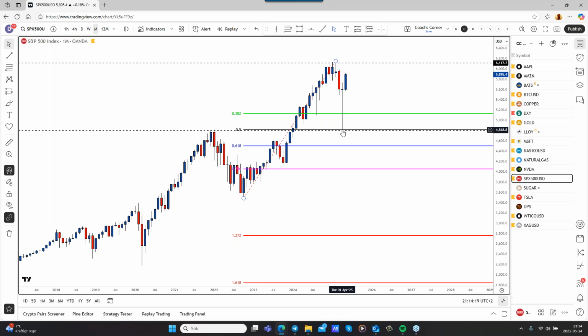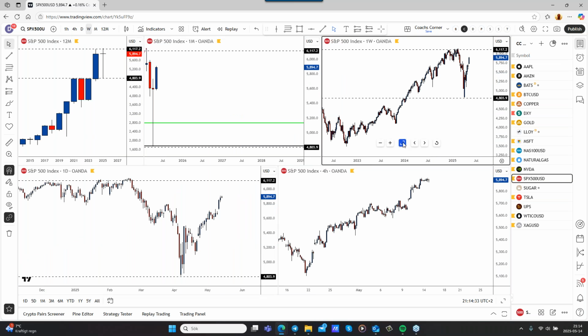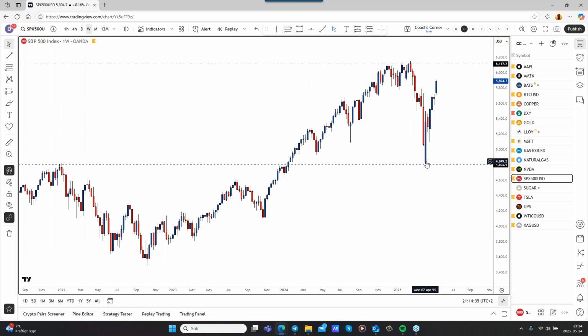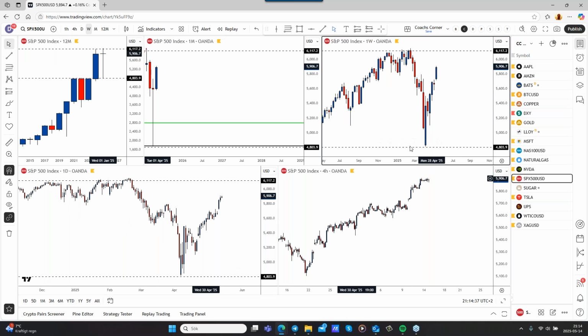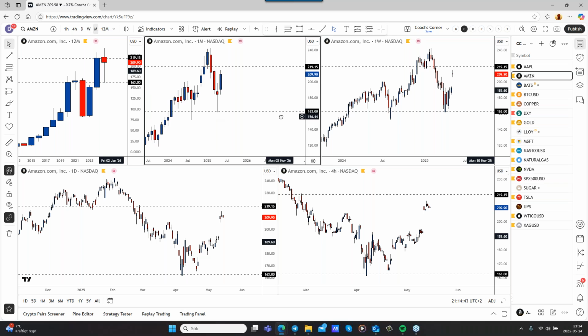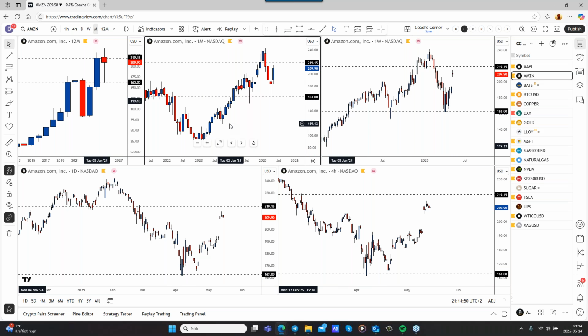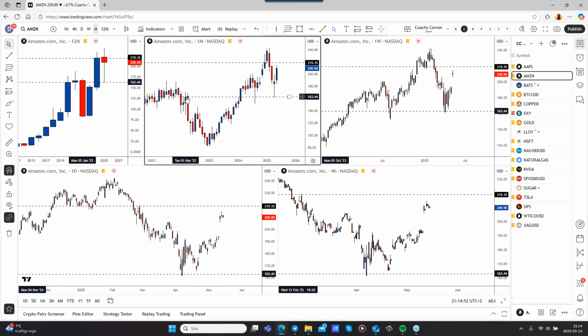It's more like when price is down in here and you are investing in the stocks that are highly correlated with the S&P. And if I go to my weekly chart, this happened on Monday, the 7th of April. So if I go to Amazon, you see that the bottom of this move was the same date, the 7th of April. And at the same time, this is also heading down to a level of support.